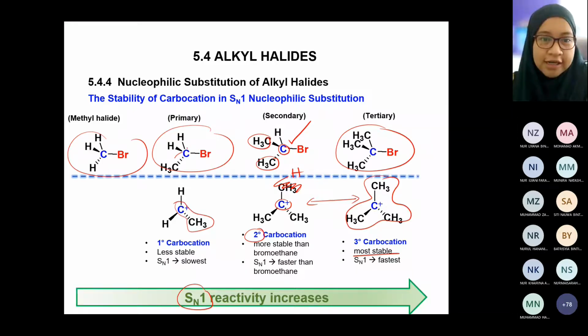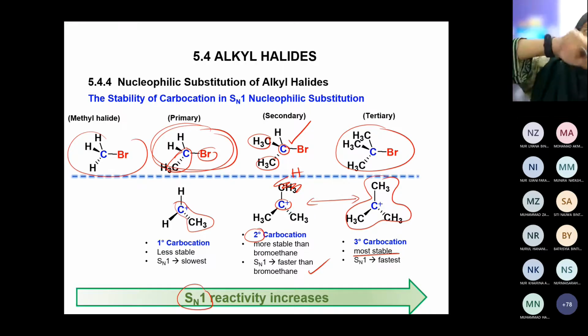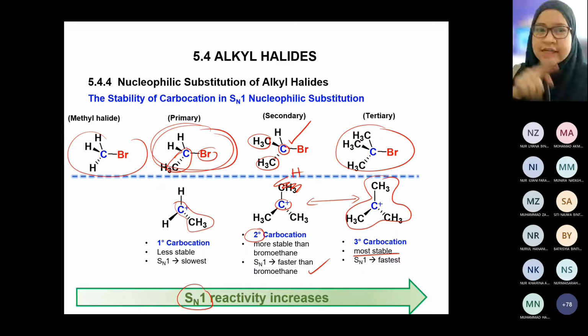This one is bromoethane. So secondary carbocation performs SN1 faster than primary. Betul lah statement dia ni. Cuma yang tadi tu dia salah sebab dia refer kepada bromomethane. Okay, faham tak? Ke pening?